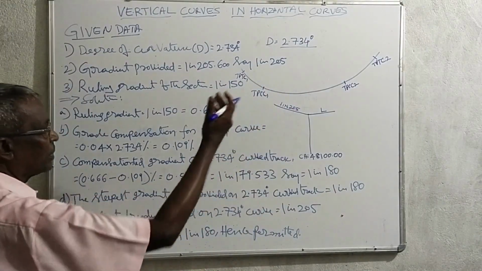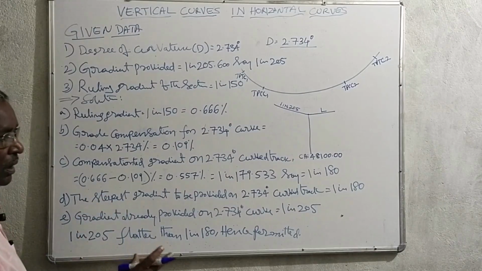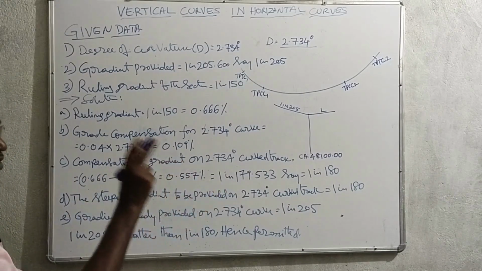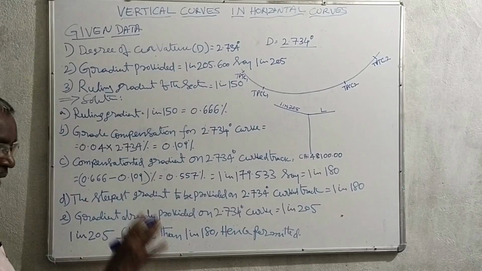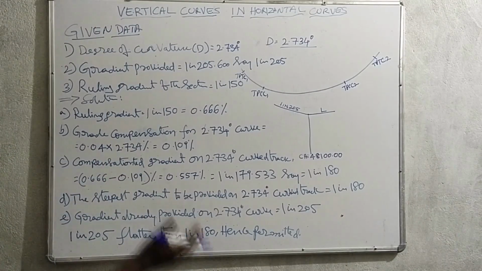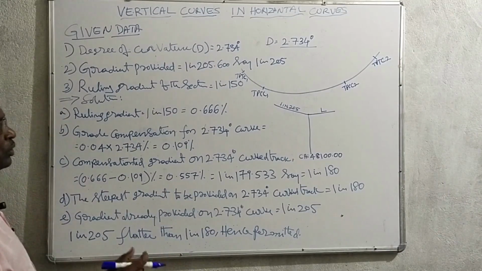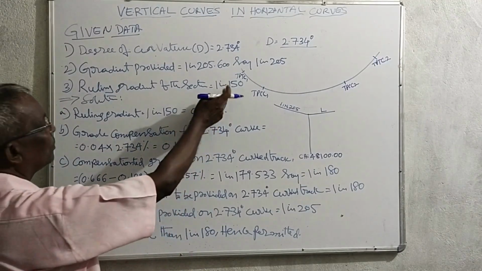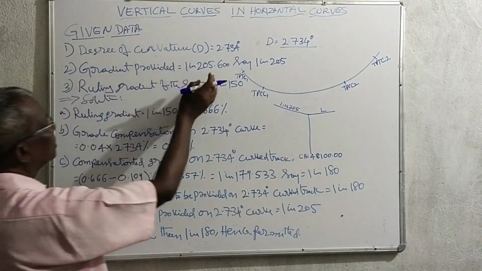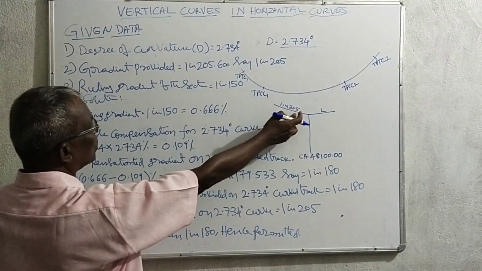So what is grade compensation? How can we provide it? Always remember it. Any section has some ruling gradient: 1 in 100, 1 in 150, 1 in 200, 1 in 300, depending upon the section. But here, in the Bilaspur Kathni section, the ruling gradient is 1 in 150. The gradient already provided on the horizontal curve is 1 in 205.